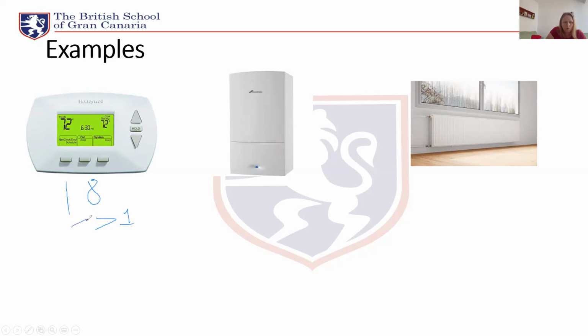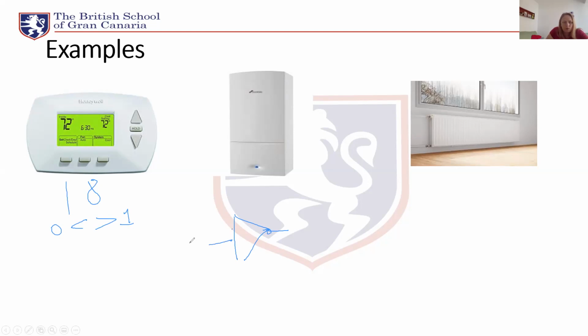If it goes below 18 degrees, you don't want the heating to come on, okay? So this is where the NOT gate would come in. So I'm just going to draw my NOT gate here, and there we are, and it's always got 1 input and 1 output.